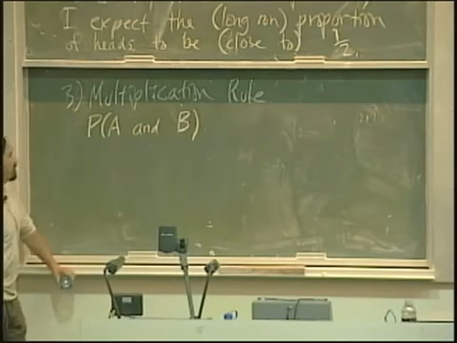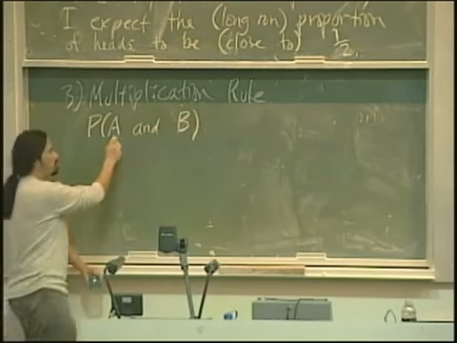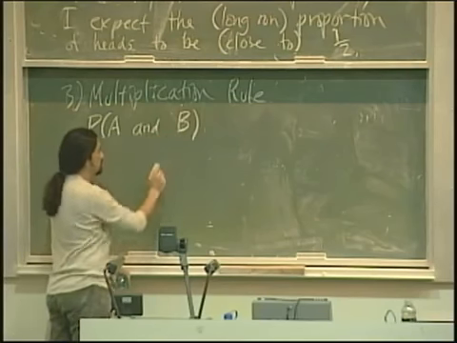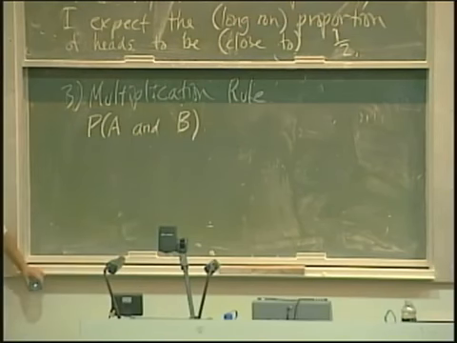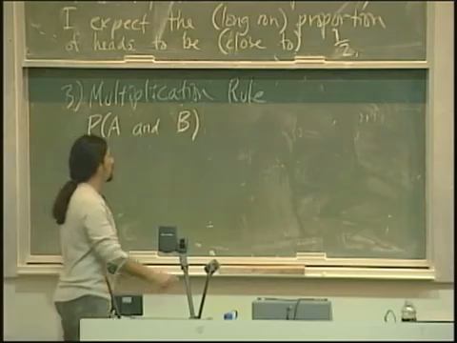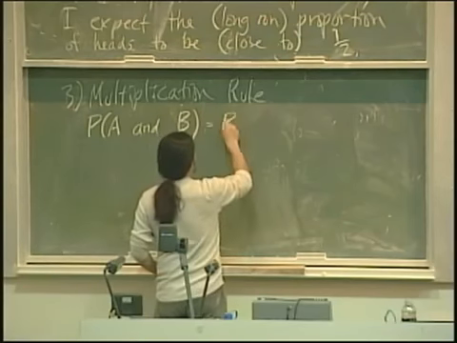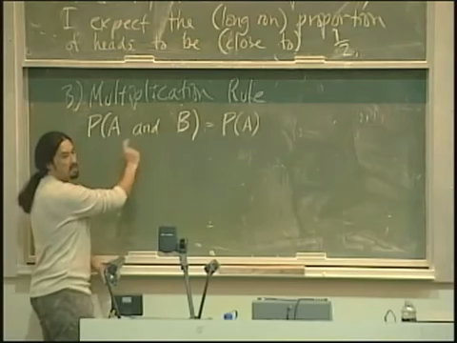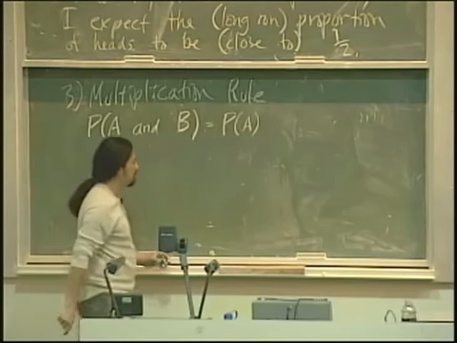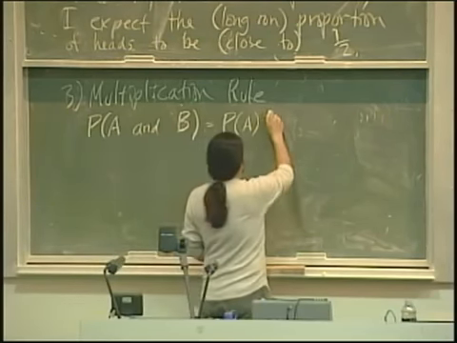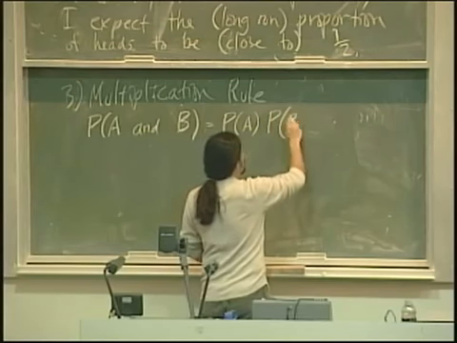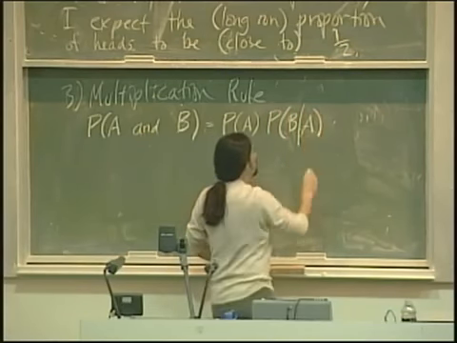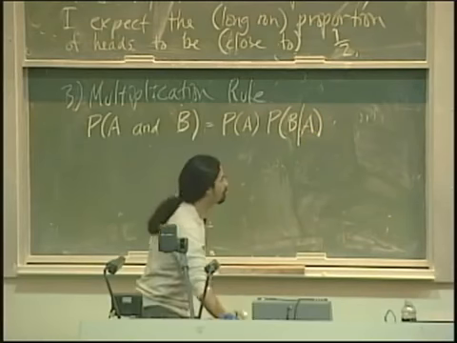It's used when you want to find the probability that two events both happen, A and B. So the probability two events both happen is the probability of one of them. And it doesn't really matter which one you choose first. A and B is the same as B and A. Probability of one of them times the probability that the other one happens, given the first one happens. Okay?